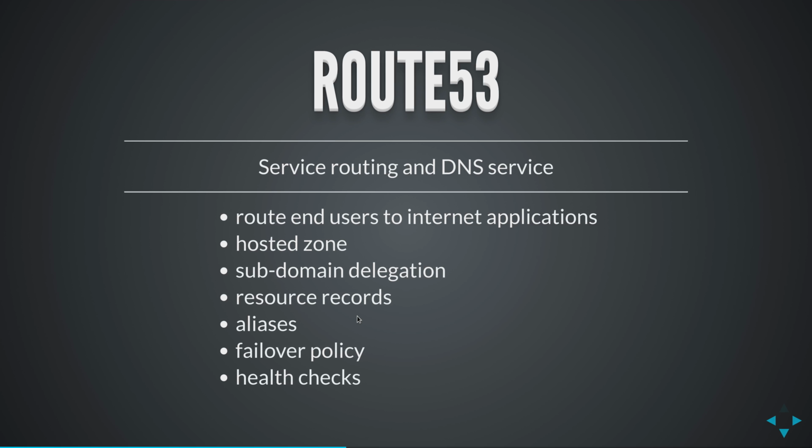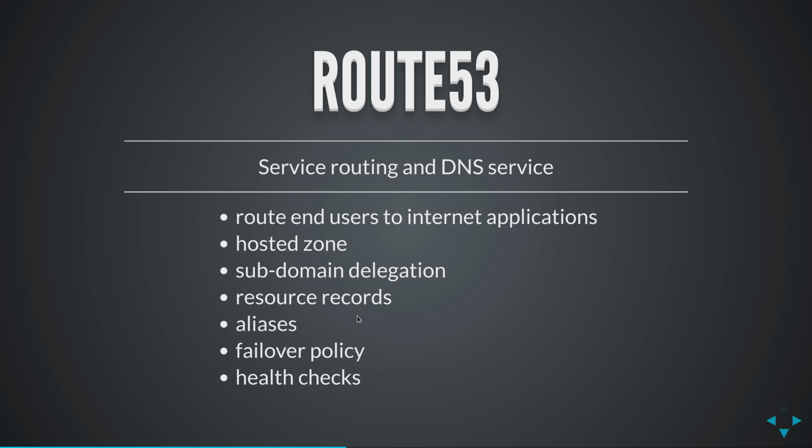Then Route53, the routing and DNS service of AWS. It routes end users to internet applications using manipulation of IP addresses for a particular resource record. We need to set up a hosted zone for that, which is actually a domain definition with name server records and other types of resource records.